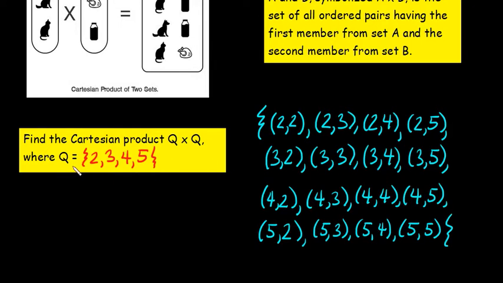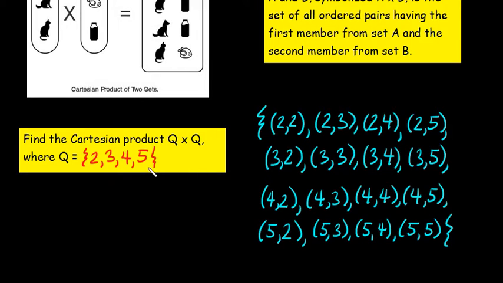You may be asked to find the Cartesian product of Q and Q. Well, Q is the same thing. It's just two of them with the numbers 2, 3, 4, and 5. So if we have two of those together, what are all of the ordered pairs that we can find using these numbers?